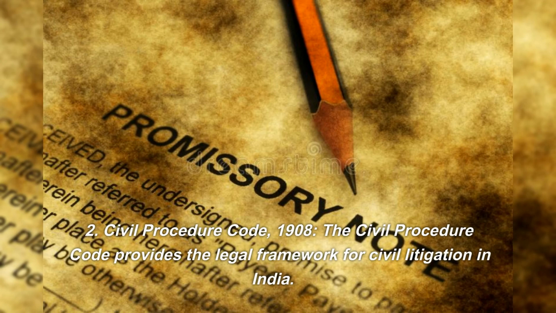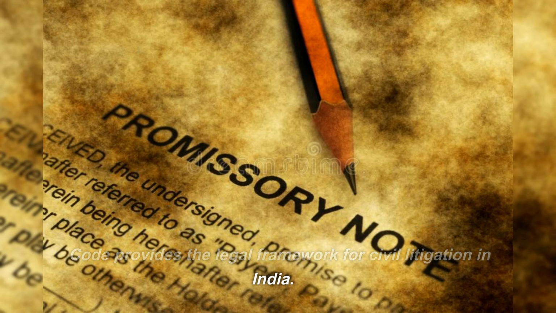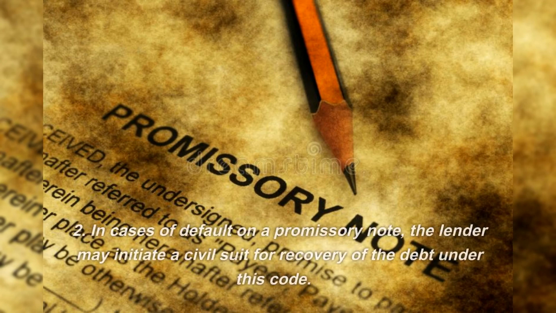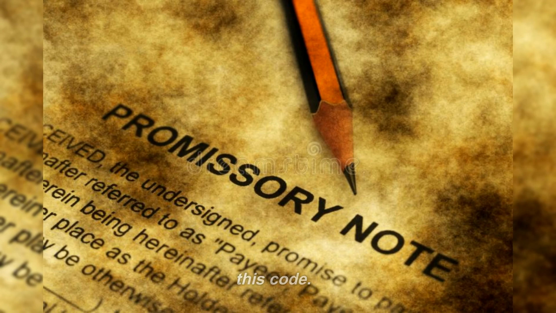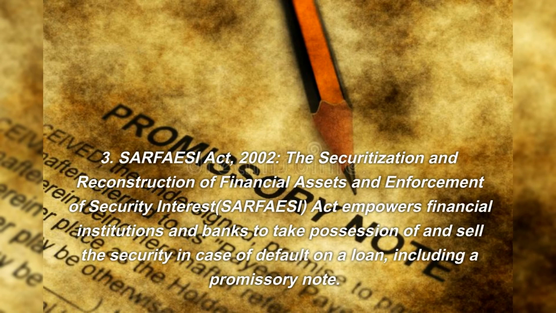2. Civil Procedure Code, 1908. The Civil Procedure Code provides the legal framework for civil litigation in India. In cases of default on a promissory note, the lender may initiate a civil suit for recovery of the debt under this code. 3. SARFAESI Act, 2002.